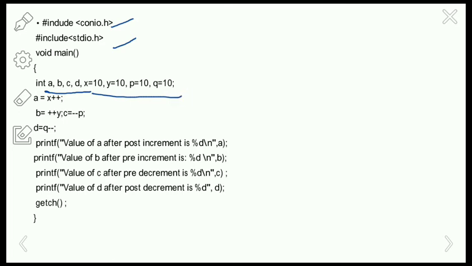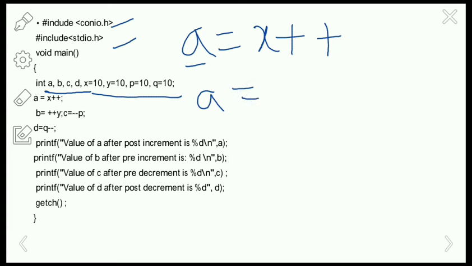So here a equals x++, that means post-increment. So what is the a value? In the post-increment, first of all we assign the value to the variable and then we increment. So x value is 10, so a will become 10. Okay.